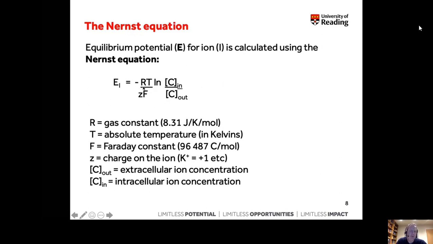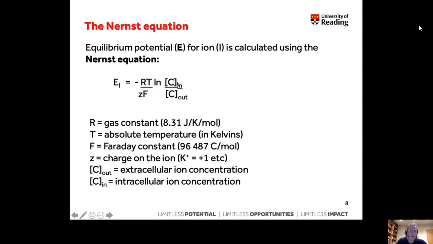If we take this term here, RT over ZF, because we're always at constant temperature, as long as we know the charge on the ion, so for example potassium would be +1, calcium would be +2, we can reduce this complicated-looking term down to a single value. The other thing that's important is this ratio here: the ratio of the extracellular ion concentration to the intracellular ion concentration.